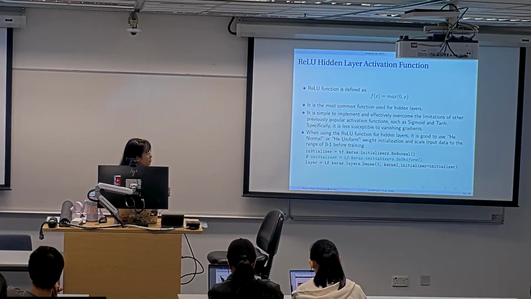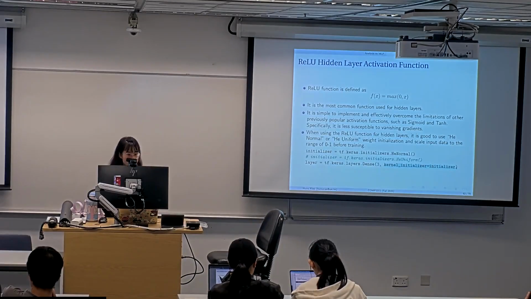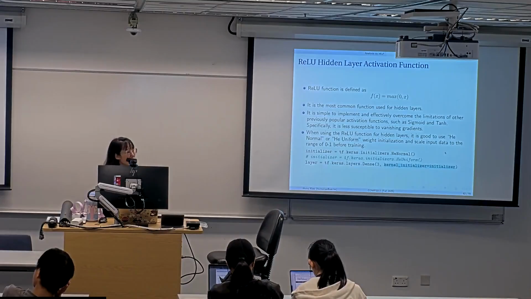So basically, you create an initializer object using the TensorFlow Keras initializer HeNormal, or you can also use HeUniform, and then let the layer be this dense layer. 3 is the number of neurons, the units, and let the kernel initializer be the initializer you have created. So these are some practical implementation tips if you want to use the ReLU activation function.